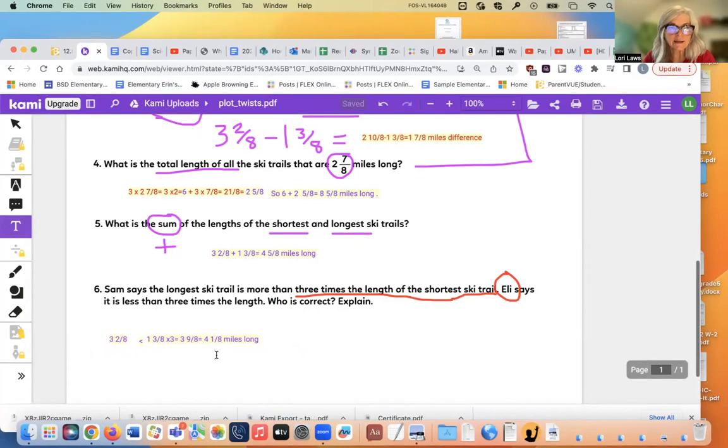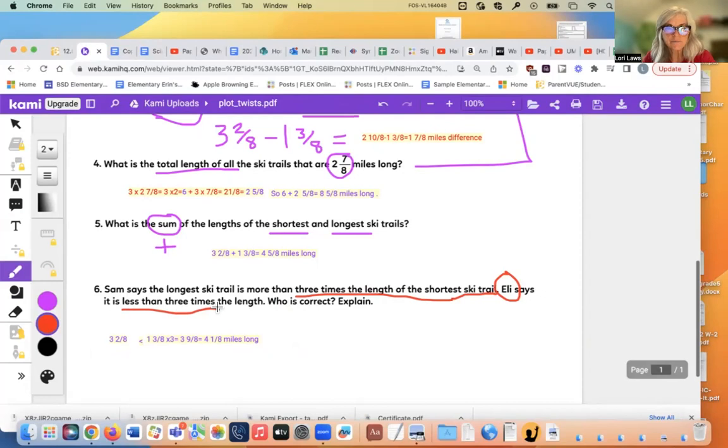Who said it was less than? Eli, you were right. It's less than. Look at that. Explain. When a thing says explain, it means you have to type some words.